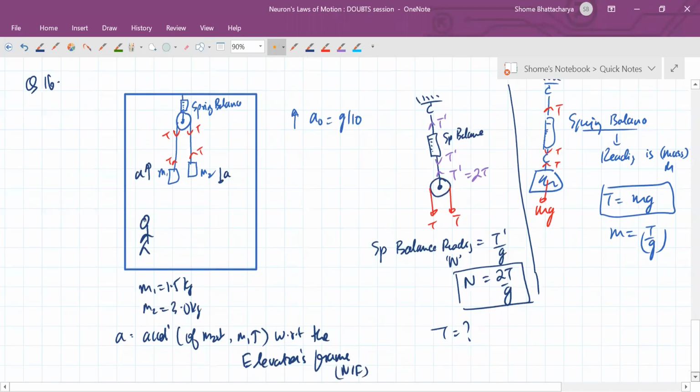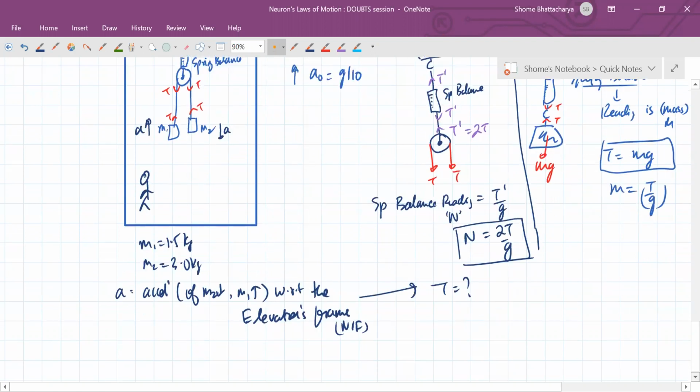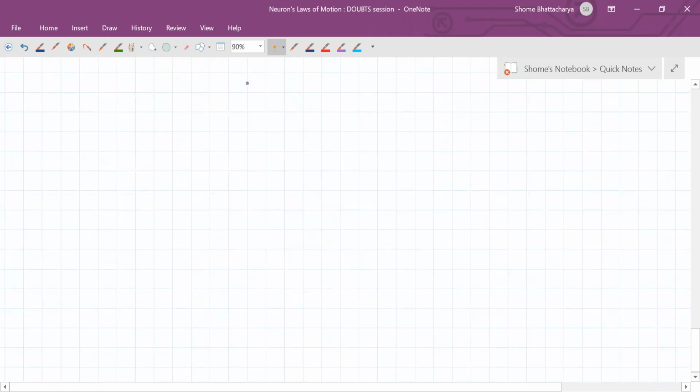So one way we can solve for tension now is to make the free body diagrams in that non-inertial frame.